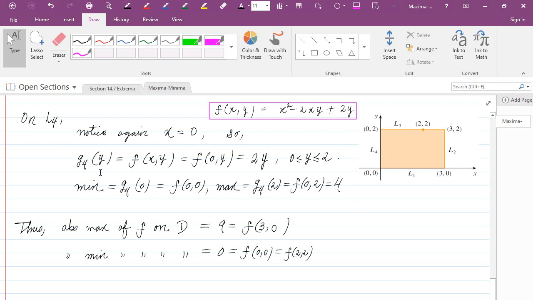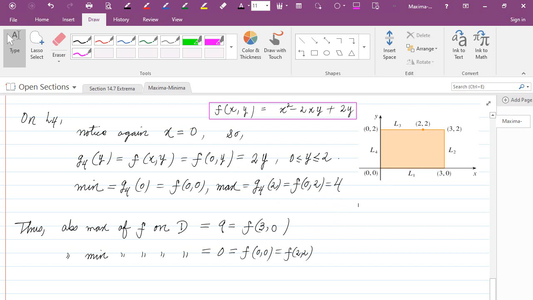That's what I'm calling g4 of y. As a function of y, it is an increasing function, and y is between 0 and 2, so the maximum would be when y is 2, and the minimum would be when y is 0. So the minimum would be f of 0, 0, which is 0, and the maximum would be f of 0, 2, which is 4.